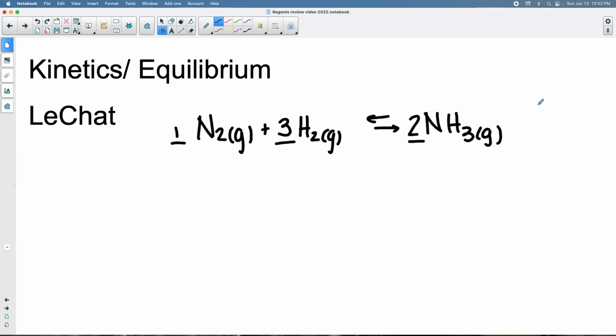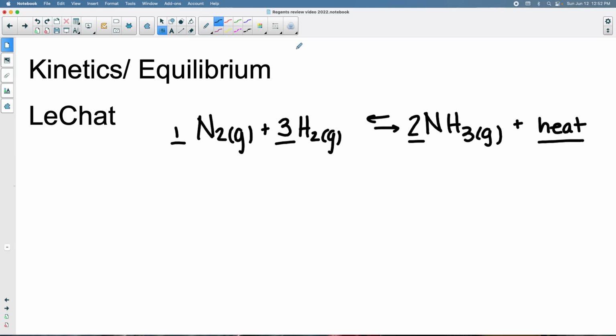Remember that you also might want to know where your heat energy is, because that's going to help you with any of your questions about adding heat or increasing or decreasing temperature. So in this case, it happens to be an exothermic reaction.